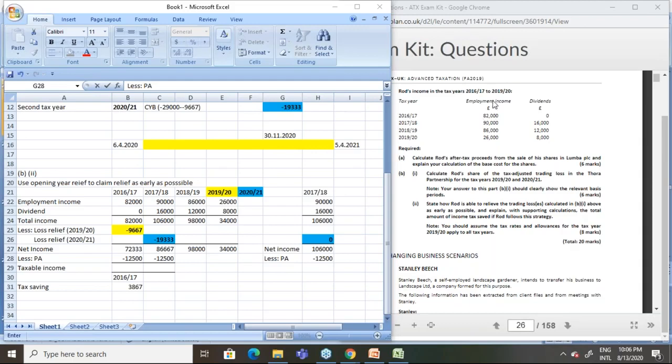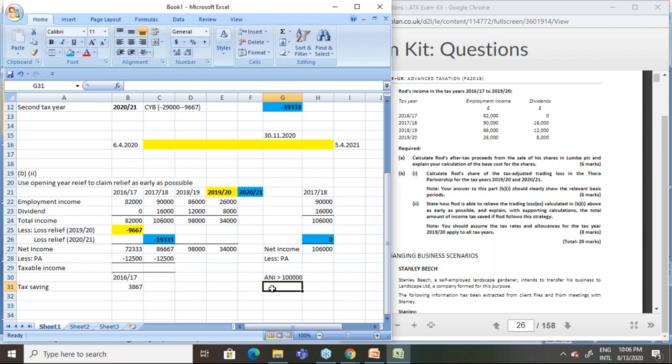No. Your personal allowance will be reduced if the adjusted net income is greater than 100,000 pounds.